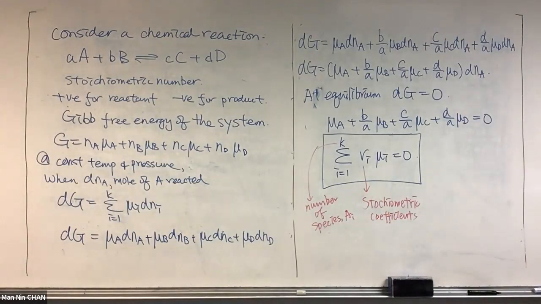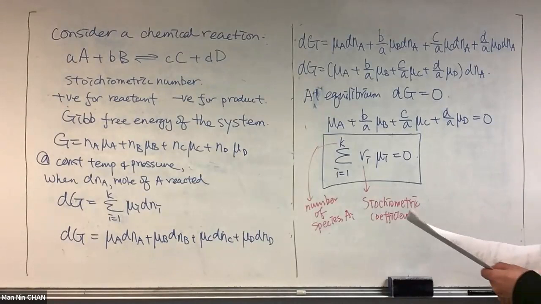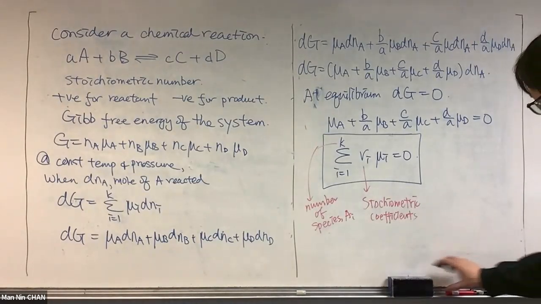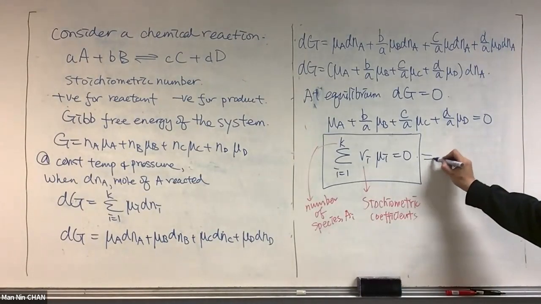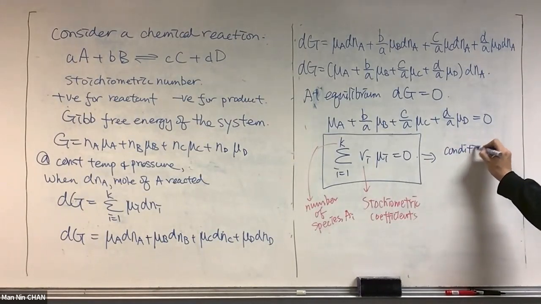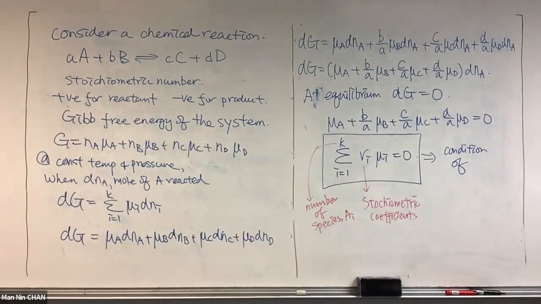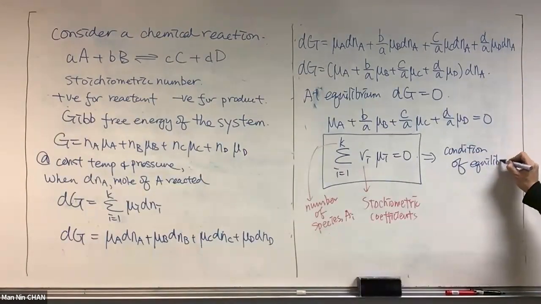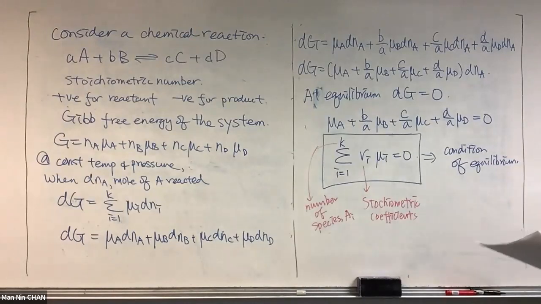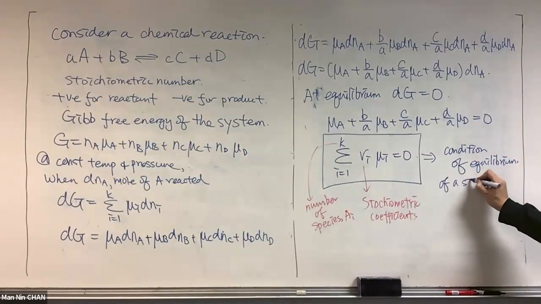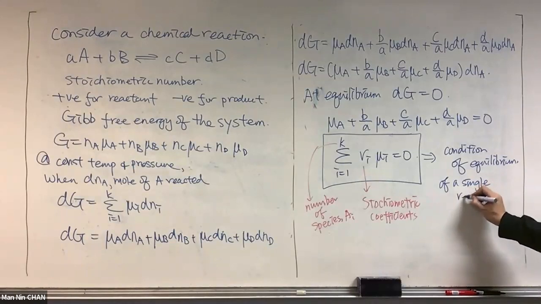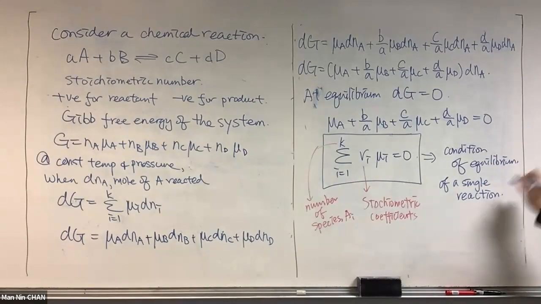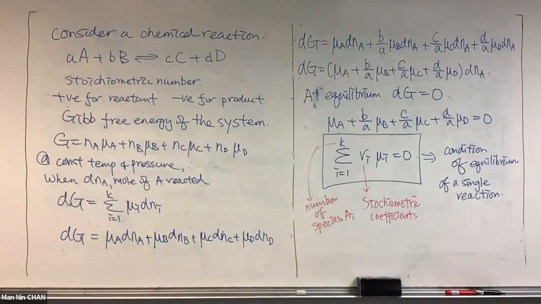So basically, this is the equation based on what we discussed about the Gibbs energy of the system. This equation will give you the condition of the equilibrium of a single reaction.